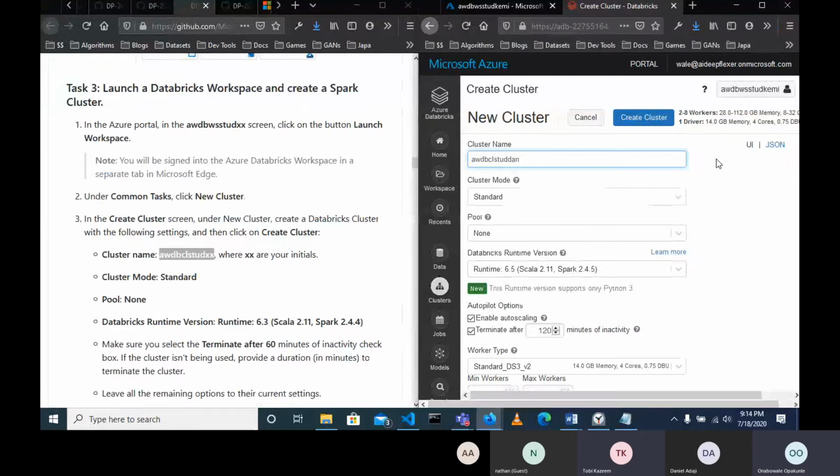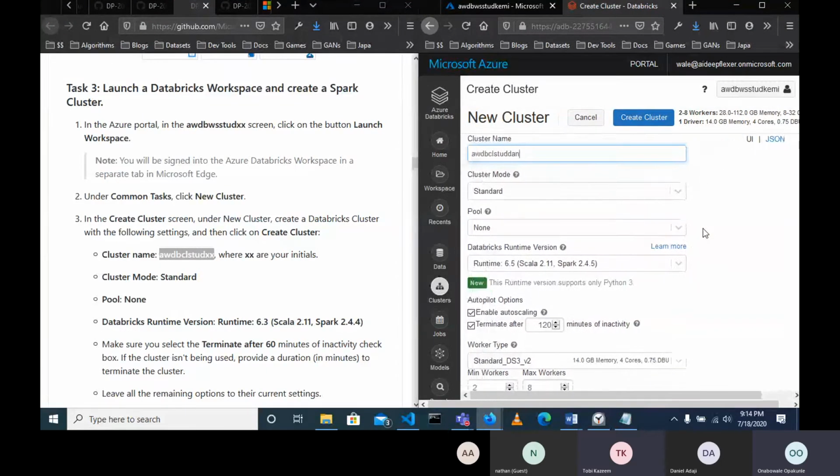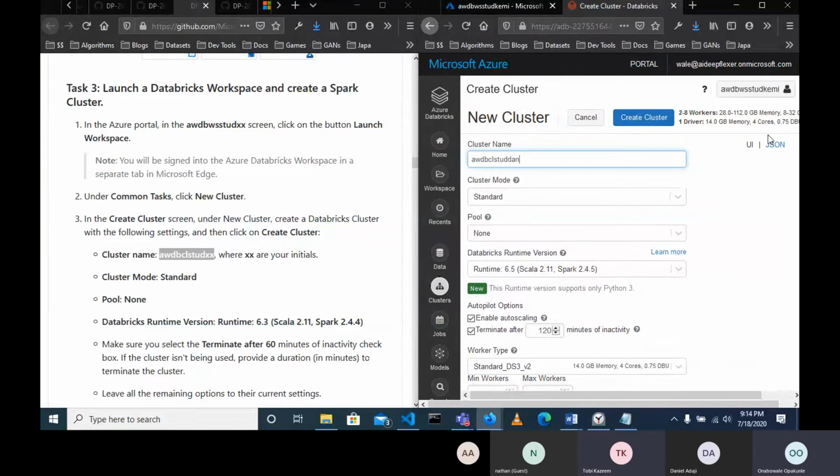Yes, but some people prefer JSON because, from my own experience, when there is a JSON, you have more options to tweak some things. Okay, that's good. I'll probably try it out one day.